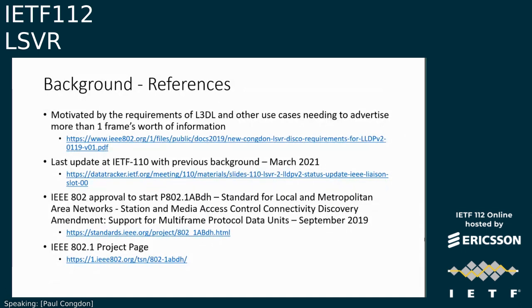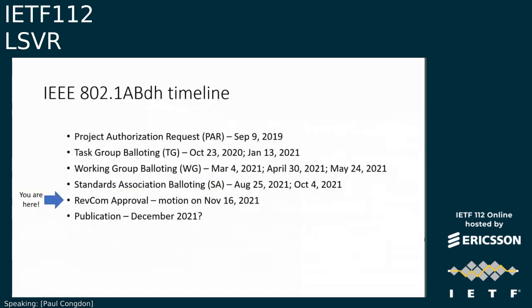We started a project in 802.1 called 802.1ABdh that was intended to support multi-frame protocol data units in LLDP. I have a link here to the project page so you can track all the history. From a timeline perspective, the way it works in 802.1 versus IETF, we go through a number of different balloting phases.